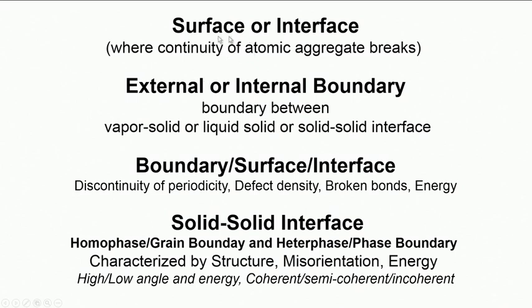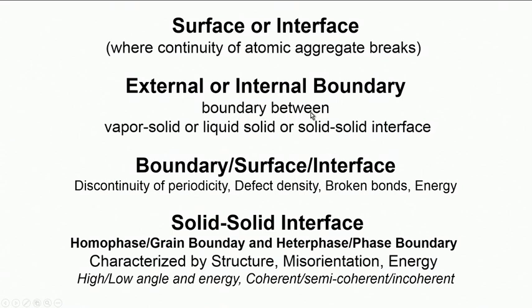So, in general, let us say surface is essentially a situation where the atomic or ionic or molecular aggregate ends its continuity, and this can happen either at the external surface, which is the solid-vapor interface, or within the bulk of the solid, which we call an internal boundary.